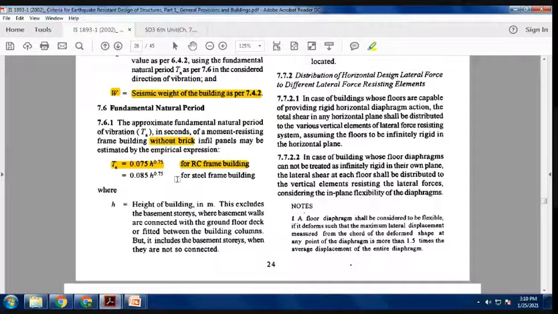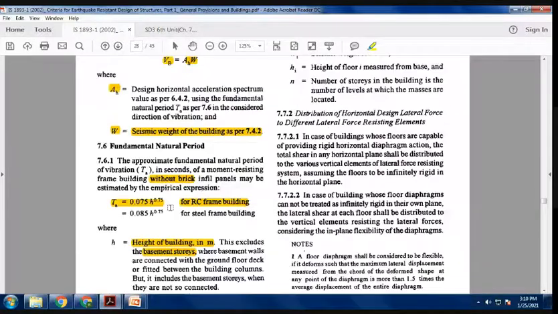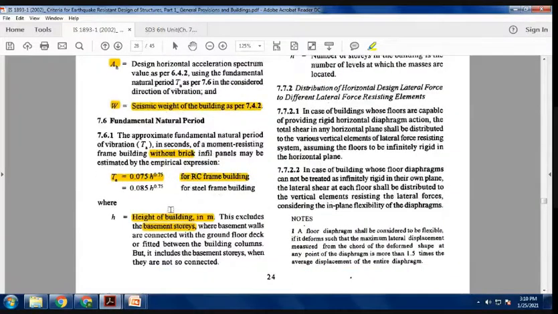Here we are going for RCC, so we will take Ta equals 0.075 times the height, where h is the total height of the building in meters. This includes the basement storey, where the basement walls are connected with the ground floor. This means h includes the basements; the total height will be considered.